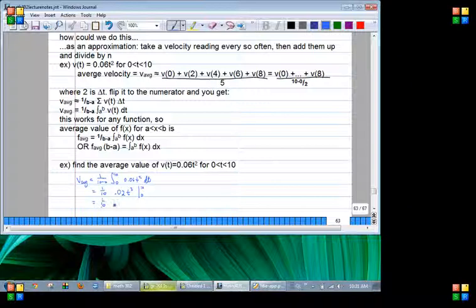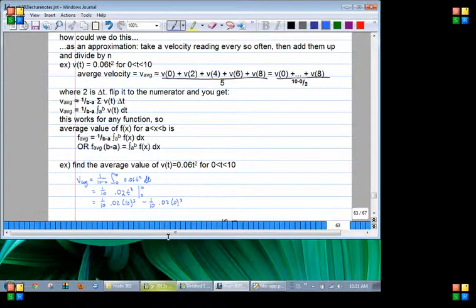So when you plug in 10, cube. And if you work this out, you get 20 times 2.